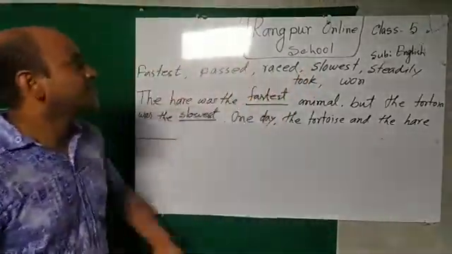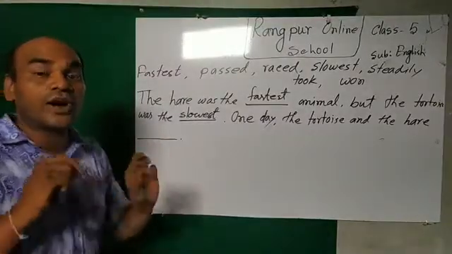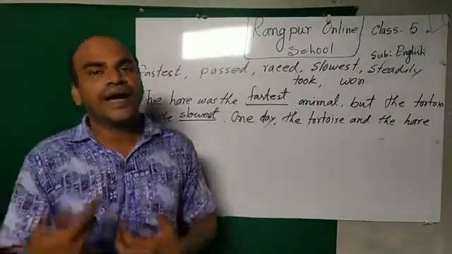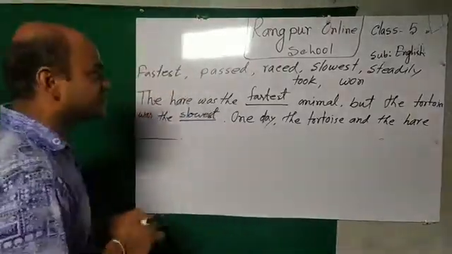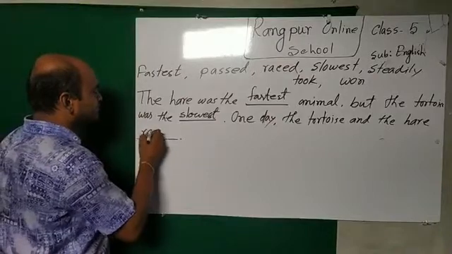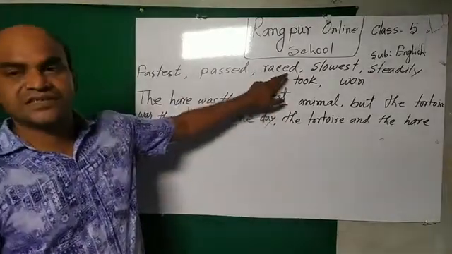That means it's a verb. The tortoise and the hare is the subject, and another word is the verb. What did they do? এখন তারা কি করেছিল? What did they do? The rest. We can find it in here. Rest.